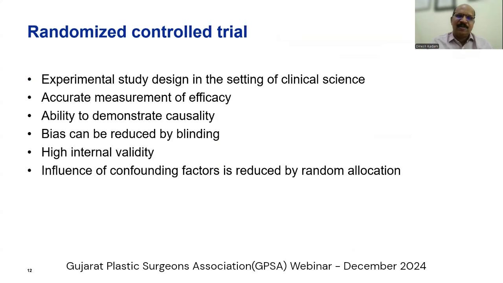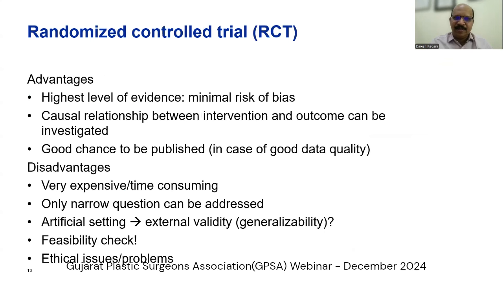That's the reason why the randomized control trial is designed, so that we can reduce as much bias and as many confounding factors as possible, so that we can get the highest level of evidence. So it has very high internal validity. The advantage is, of course, a high level of evidence.